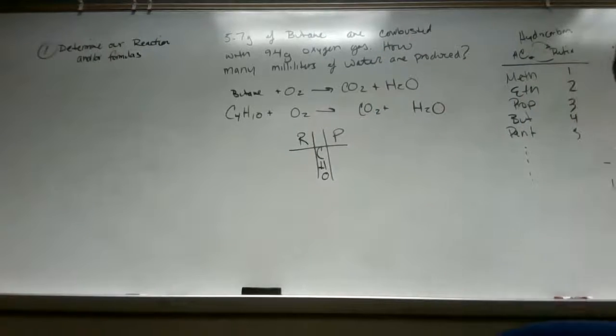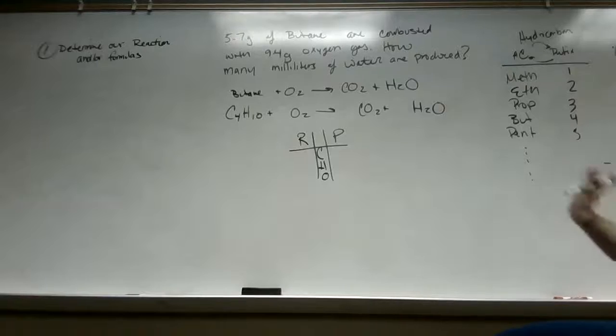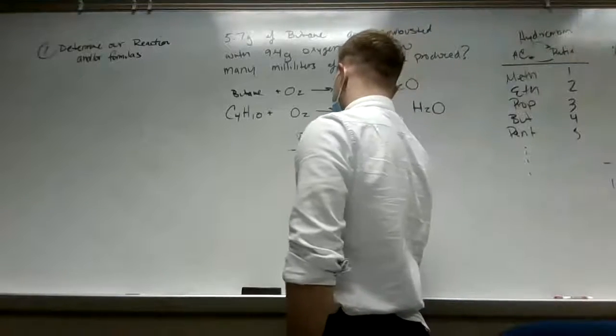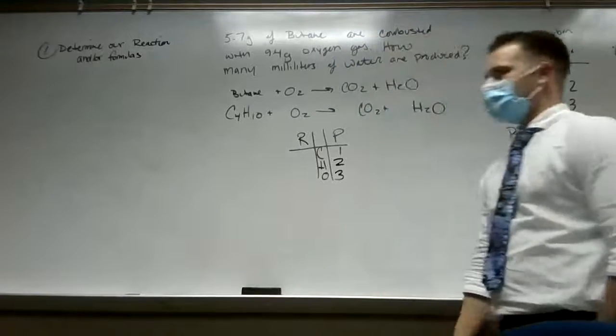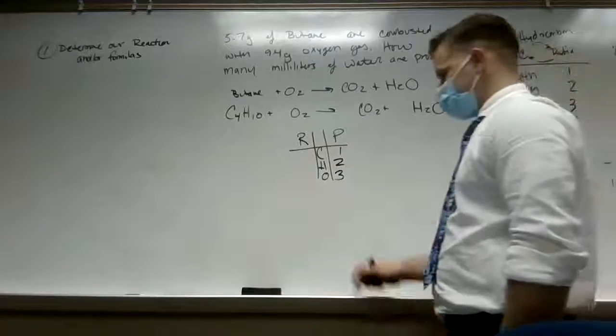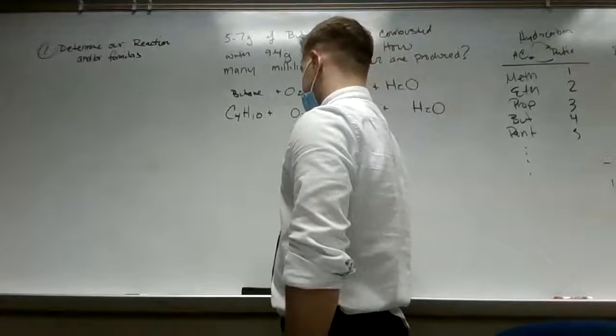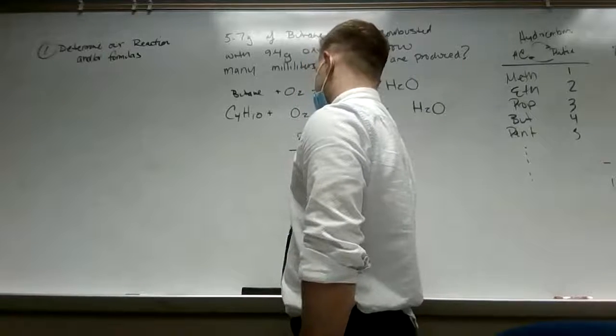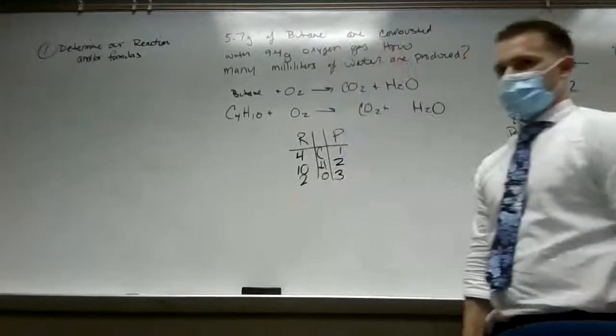Because if we change the number of O2, we don't affect anything else in the reaction. If you set it up correctly, you'll always get 1, 2, 3 on your product side. For our reactant side, how many carbons do we have? 4, 10 hydrogen, and 2 oxygen.